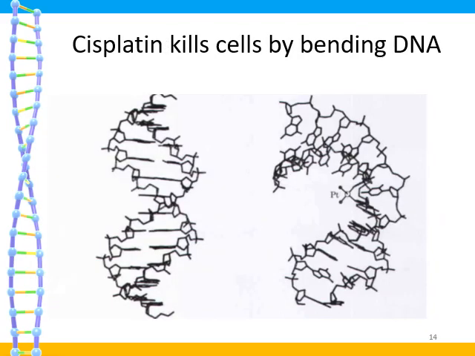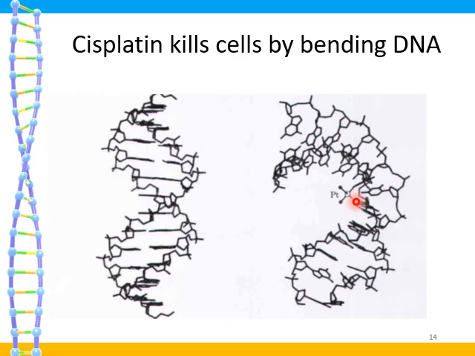This three-dimensional structure of the DNA is very important. For example, some chemotherapeutic drugs like cisplatin kill cells by disrupting this three-dimensional structure.